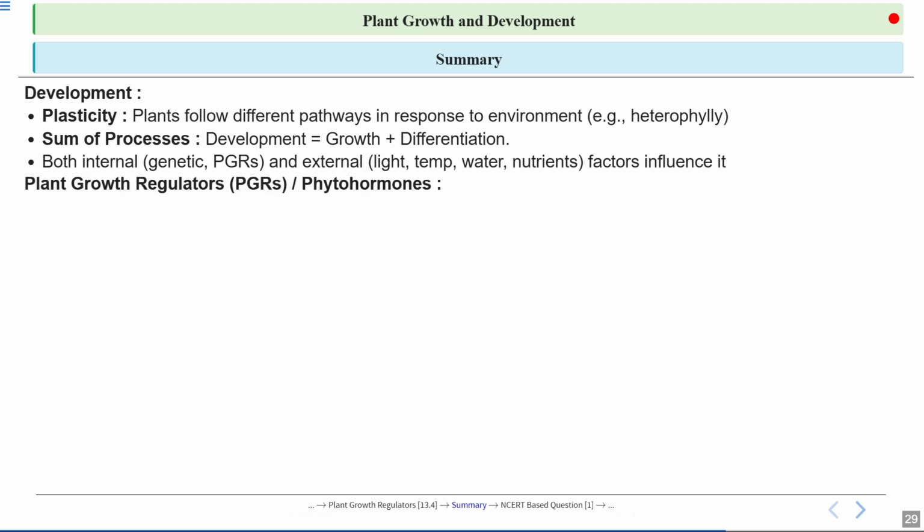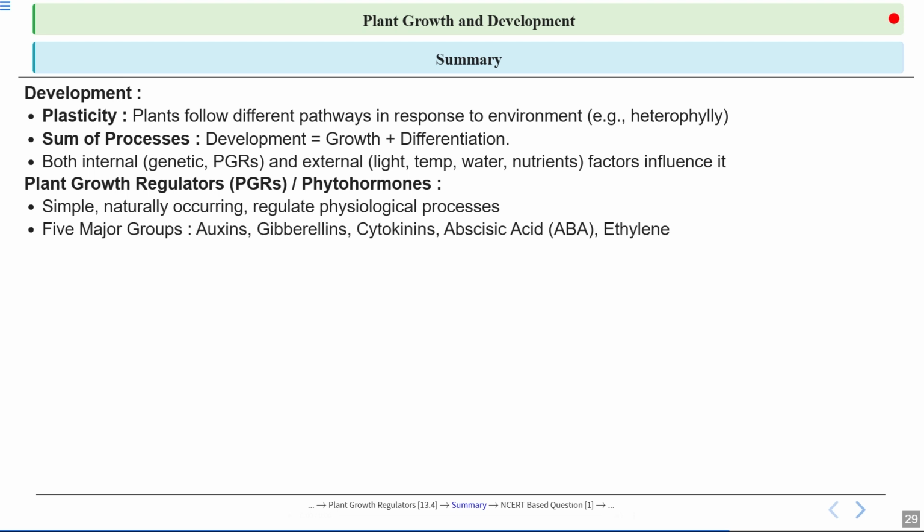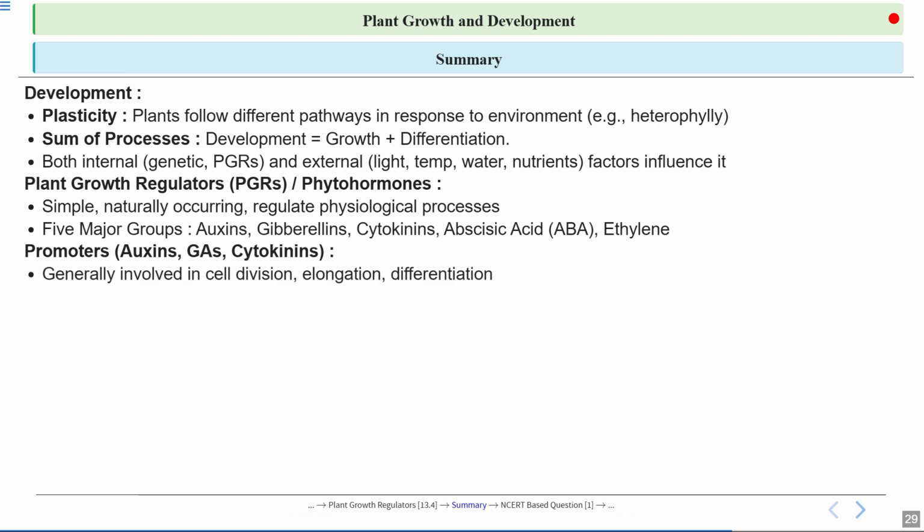So plant growth regulators, we have discussed the different phytohormones, simple, naturally occurring, and they regulate the different physiological activities. The 5 major groups we have discussed today: auxin, gibberellins, cytokinin, abscisic acid, and ethylene. So auxin, gibberellin, and cytokinin are the plant growth promoters.